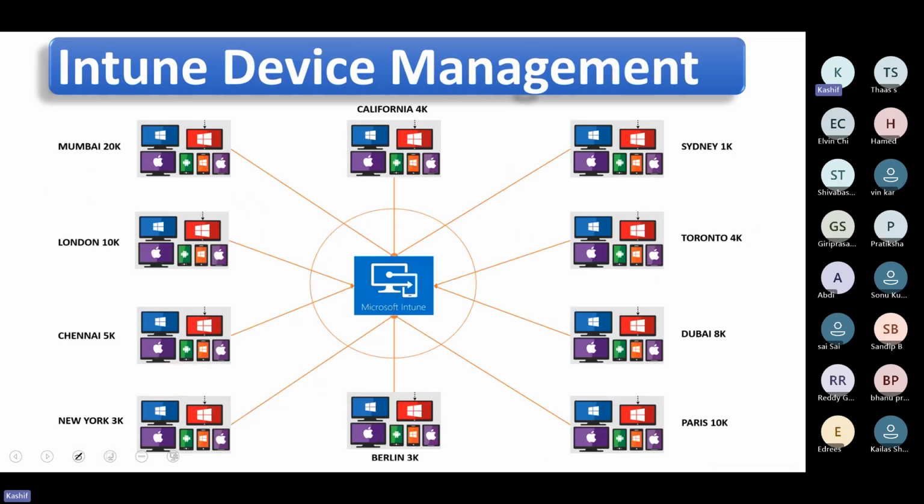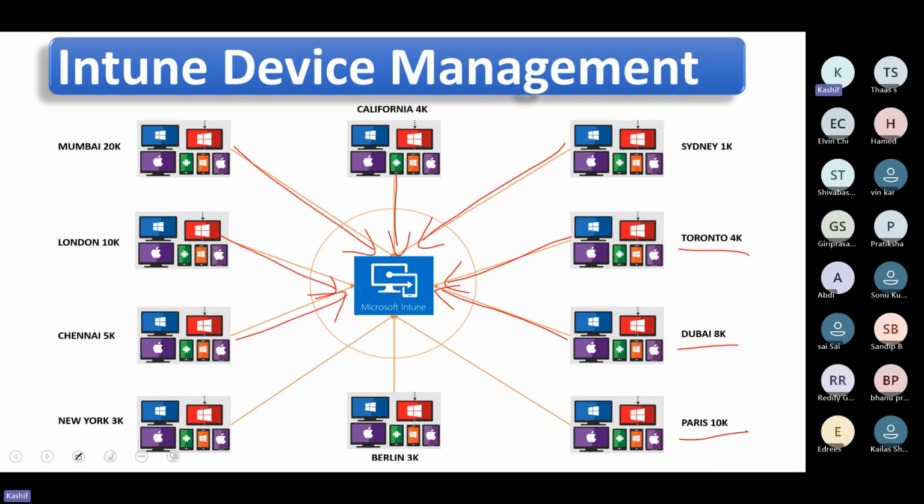Now, suppose you have an organization wherein you have multiple locations, branch offices and a headquarter. So in each region you have a number of devices. For example, Toronto 4,000 devices, Dubai 8,000 devices, Paris 10,000 devices. So all the devices from each region you need to enroll into Intune.